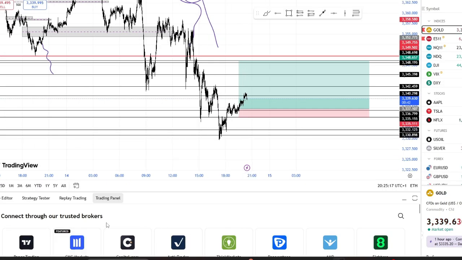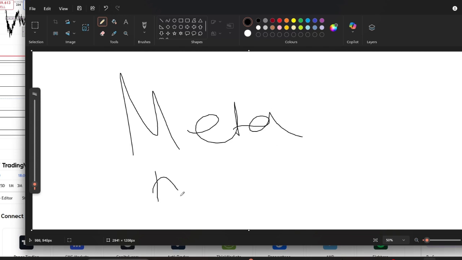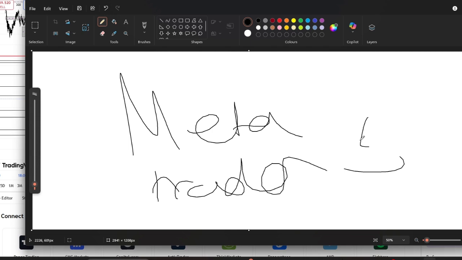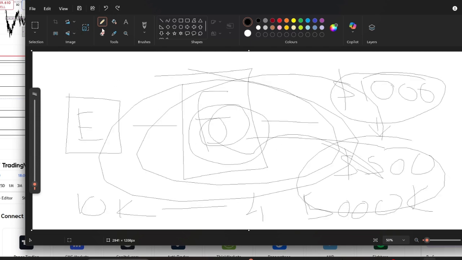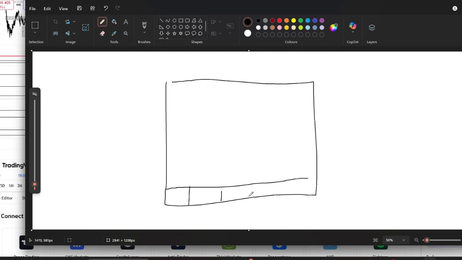But anyways, that's how you would go into a trading account on PC, or you can even download this on your phone. To be fair, or you can download MetaTrader 5 or 4. When you open up MetaTrader, it will look like this. You have a bar here.